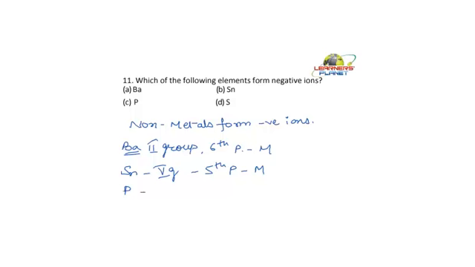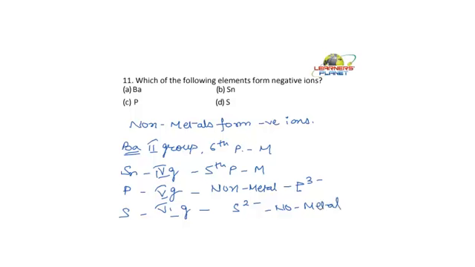Phosphorus, where it is present? Phosphorus is present in fifth group, and it is a non-metal, right? Can it form a negative ion? It forms phosphide ion, P3 minus ions. And your sulfur also can form S2 minus ion. This is also a non-metal, right?